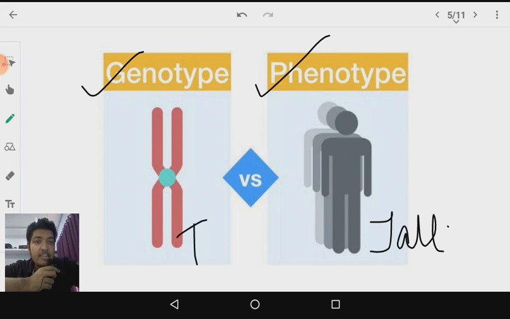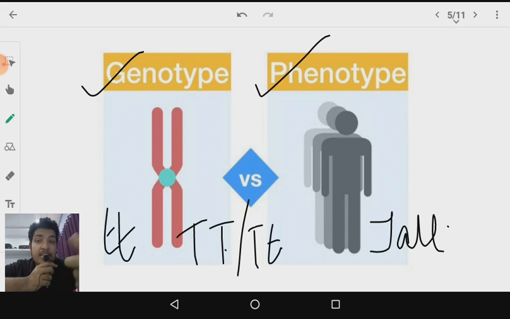So that can either be capital T, or it can be capital T small t. If your genotype is small t, then that means you are going to be dwarf. If it is capital T, you are going to be extremely tall. If you are capital T small t, then you are moderately tall. But if you are small t, then you are going to be dwarf. So this is known as genotype.